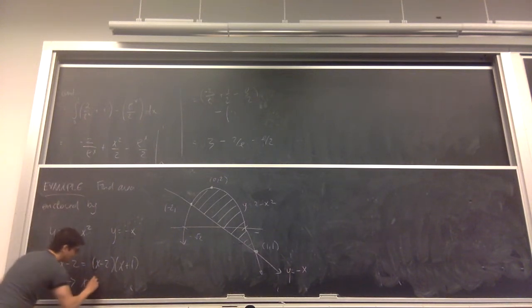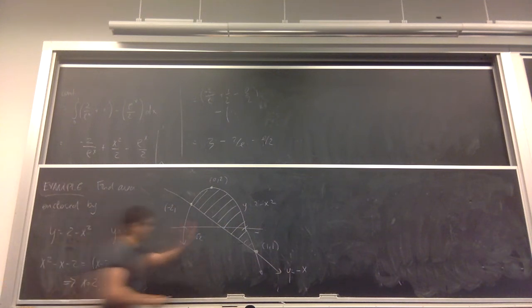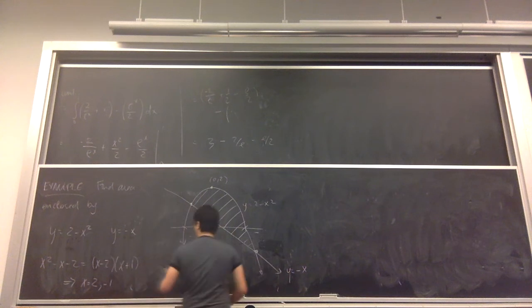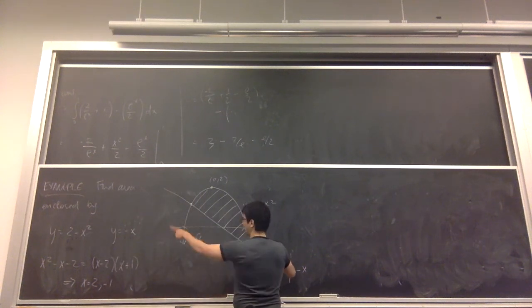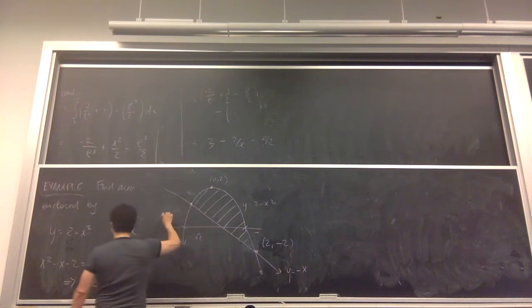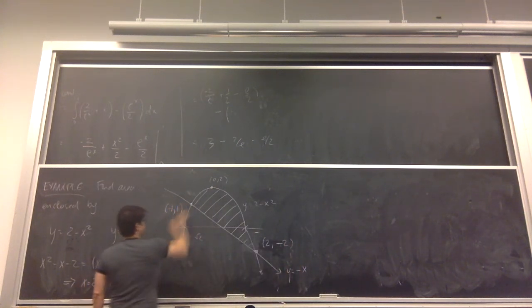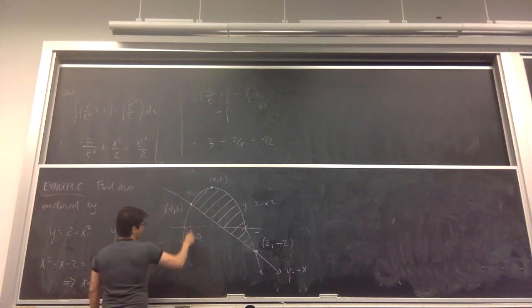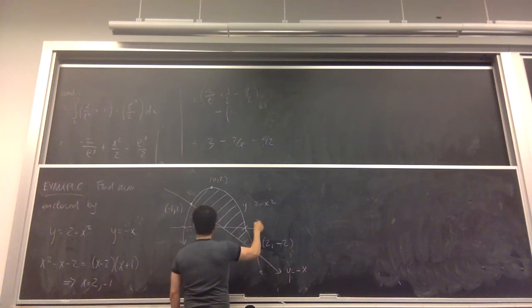This means x is 2 and negative 1. Yeah, see, even I make these tiny mistakes. Okay, thank you. So this is going to be 2, minus 1. All right, so that means we have to integrate from -1 to 2.